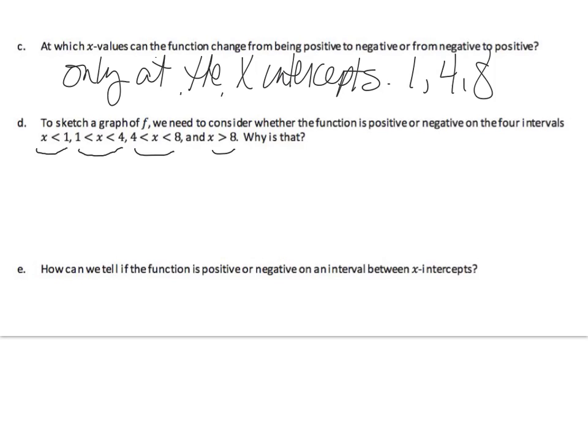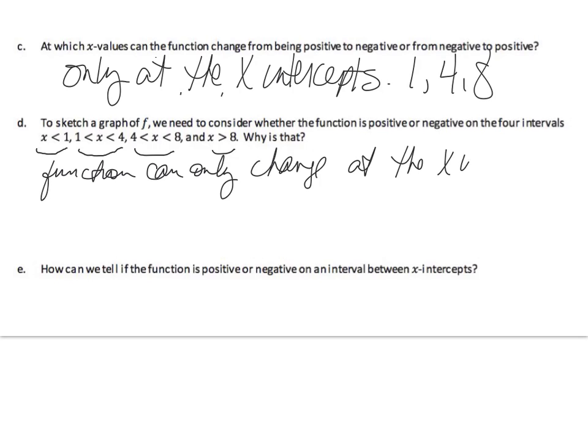Since the function can only change at the x-intercepts, the graph's going to always be above or below the axis on each interval.